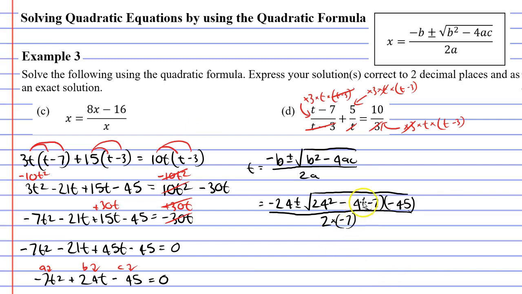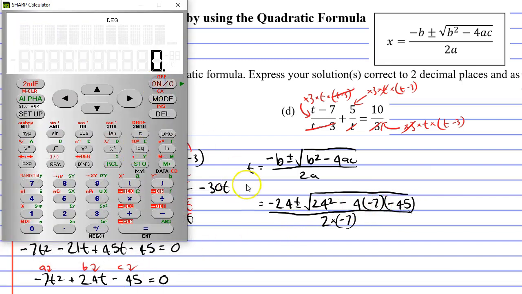Usually I write my three numbers with multiplication between them, but when you put numbers in brackets and put them next to each other, that just means that they're being multiplied. So the next step is to take our calculator and work out everything under the square root sign. We have 24 squared minus 4 times negative 7 and then times negative 45.